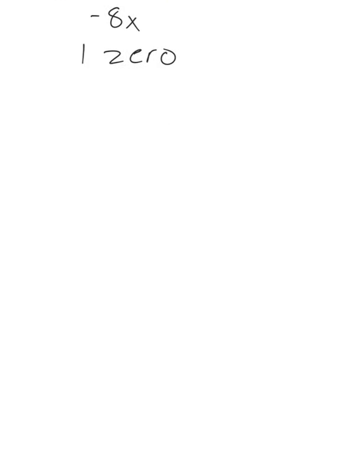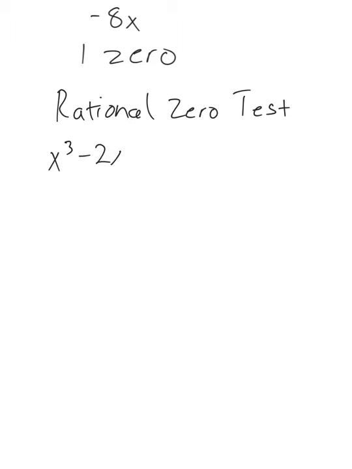So let's go on to our rational zero test. The rational zero test is just saying, what kind of zeros can we have in here? Let's do a simple example: x cubed minus 2x squared plus 3x plus 20.